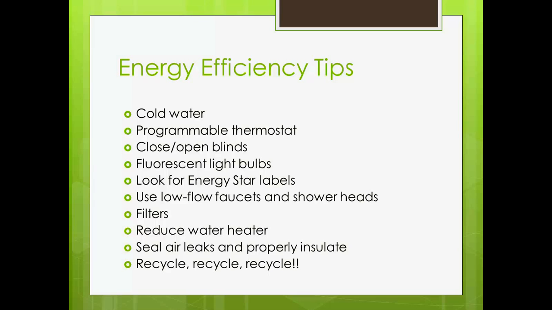Also, switching to fluorescent light bulbs and looking out for Energy Star labels. There's a lot of electronics and devices that you can buy that have Energy Star labels. Also appliances. You can buy washers and dryers, laptops, flat screen TVs, and much more.